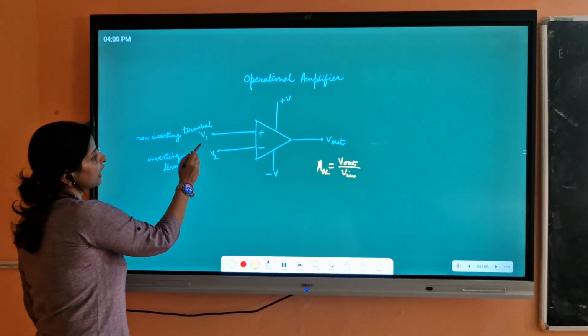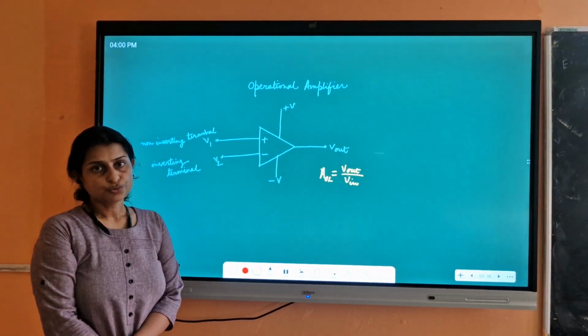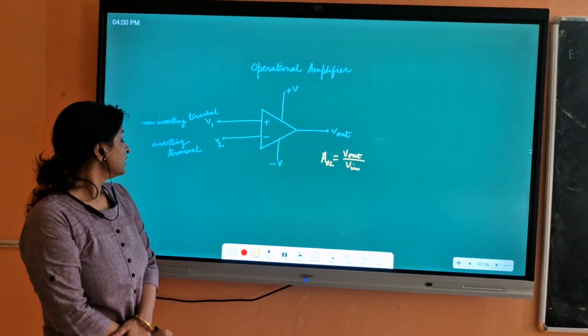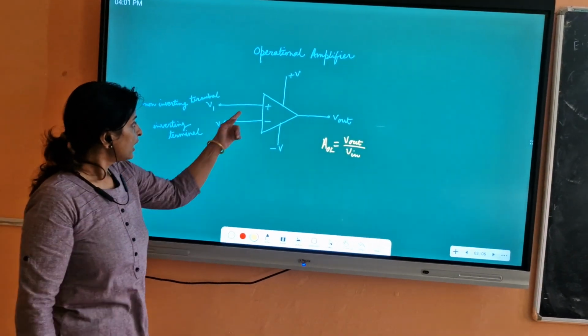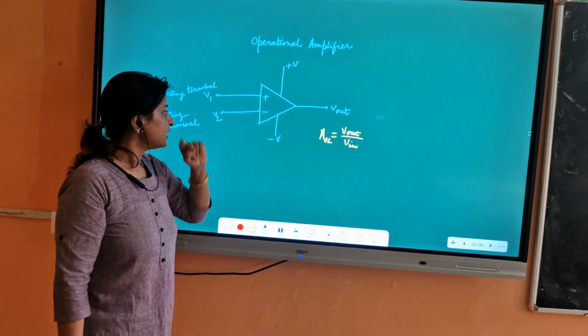Now here in the input we have given two voltages, V1 and V2. V1 is at the non-inverting terminal and V2 is at the inverting terminal. The non-inverting terminal is plus and the inverting terminal is minus.